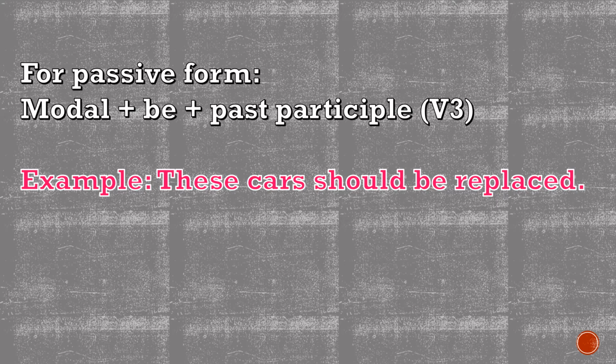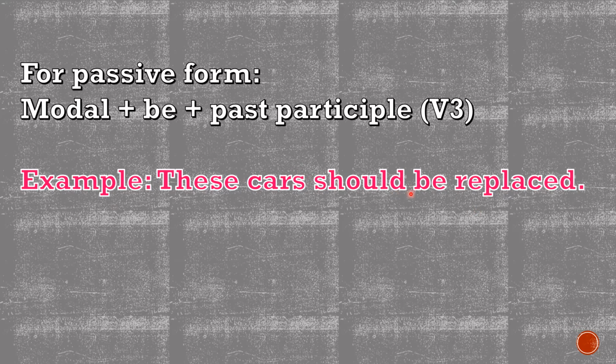Okay, now here is the rule. For the passive form, we use the modal, must or should, followed by be, then the past participle, or verb 3, the third form of the verb. Example, these cars should be replaced.